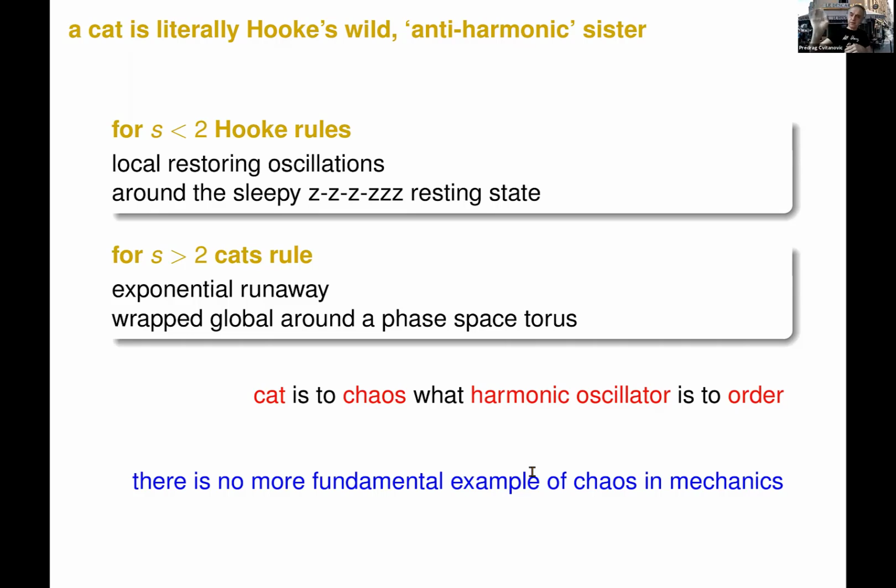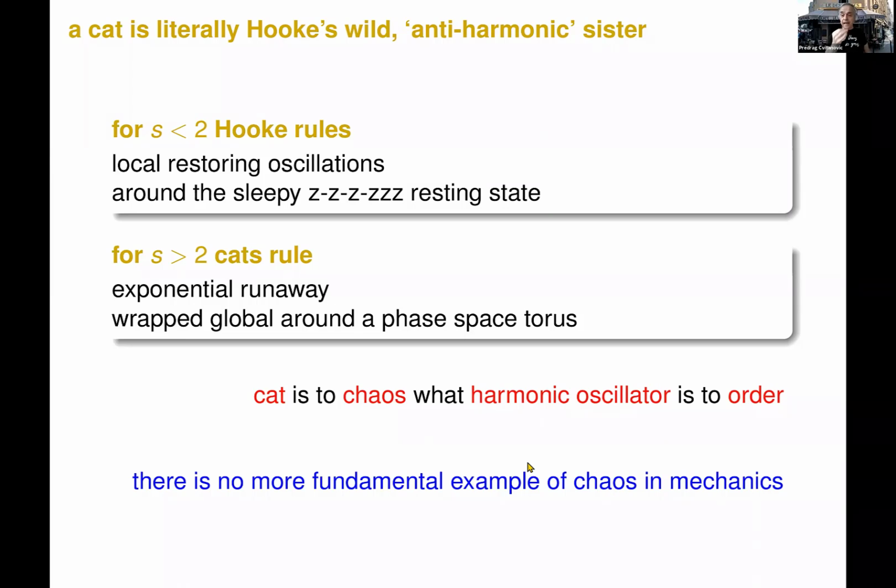So it follows the Hooke law. But if S is larger than 2, then we have the anti-harmonic sister of the Hooke. It's totally wild because what happens is instead of sines and cosines, you have hyperbolic sines and cosines as solutions. So everybody runs away. It's like cats just scattering out. But as they live on a torus, they have to come back.